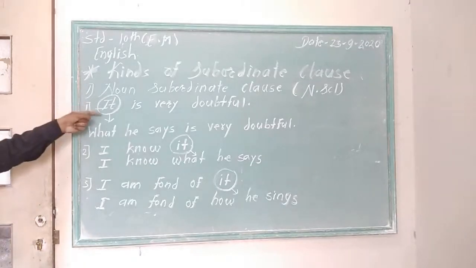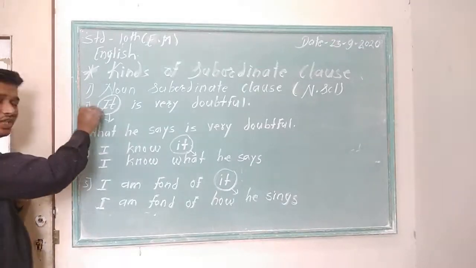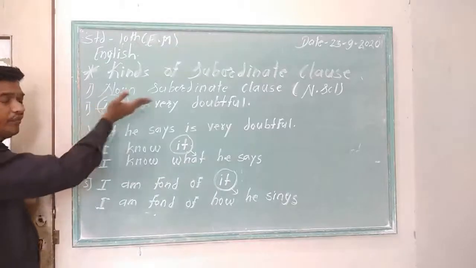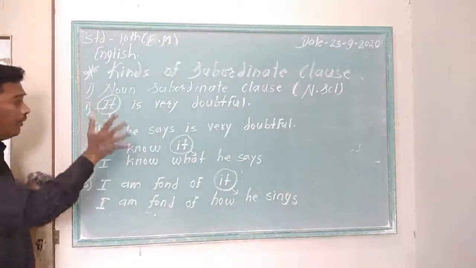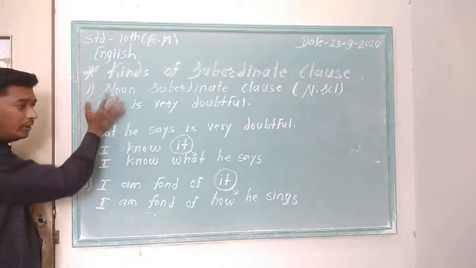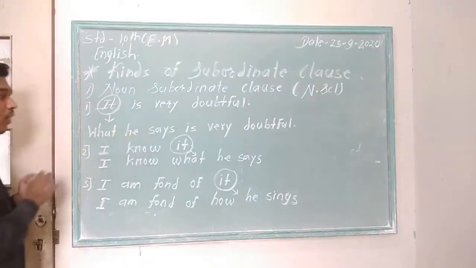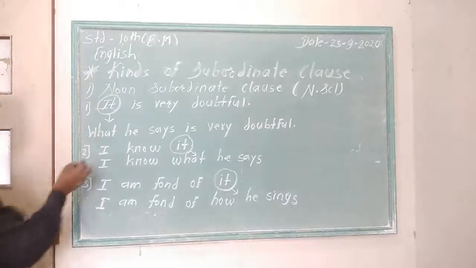Now look, the first sentence I have written for your information. It is very doubtful. It is a pronoun, and pronoun means noun. I have replaced this it with one subordinate clause: What he says is very doubtful.